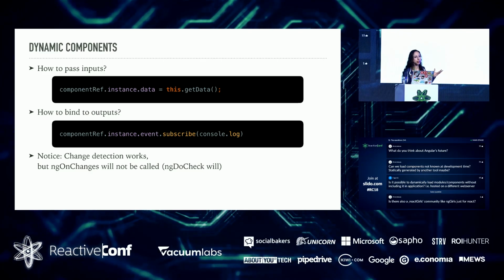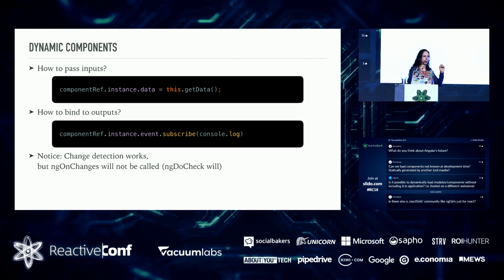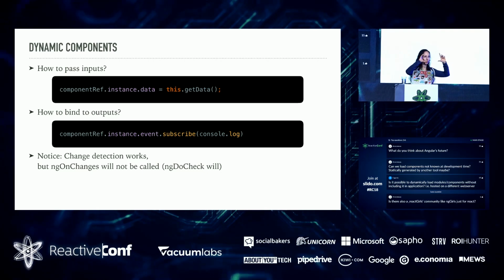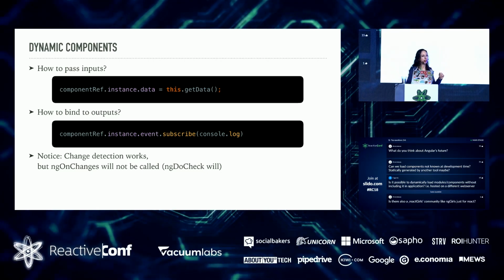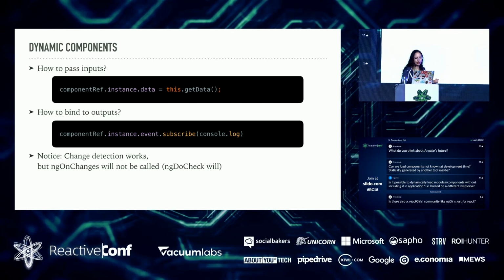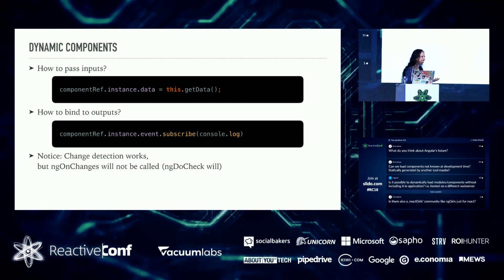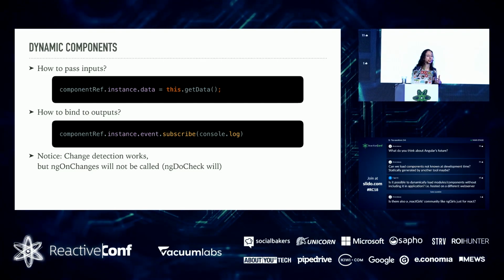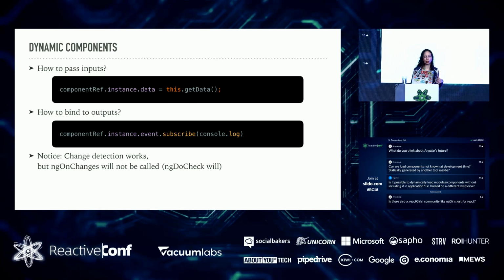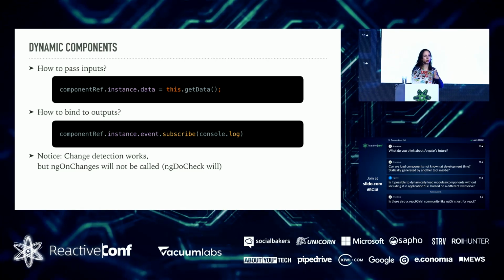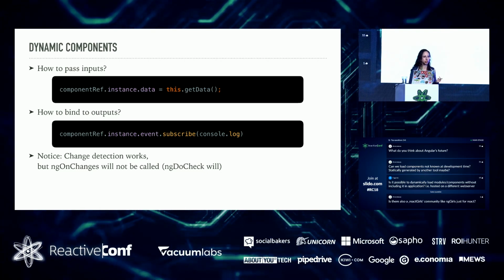But because it's not passed in with regular inputs and outputs in the template, the lifecycle hook ngOnChanges will not detect changes when the value changes. So be sure to use ngDoCheck if you do want to respond to changes in the data.